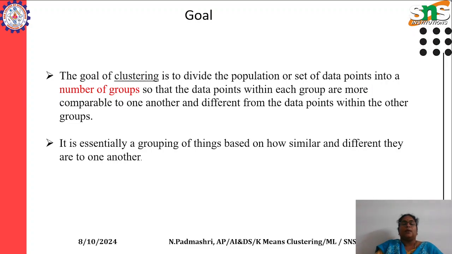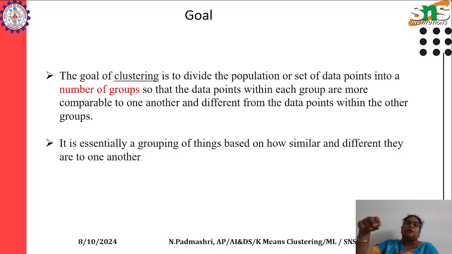So what I'm trying to explain is that K-means clustering will make different clusters. We give this algorithm some unsorted data set, and with that unsorted data set, K-means will make different clusters. If I take one cluster, inside that cluster all the data points will have some similarity. If I take another cluster, there will be some difference between these two, cluster 1 and cluster 2, but inside cluster 2 all the data points will have some similarity.